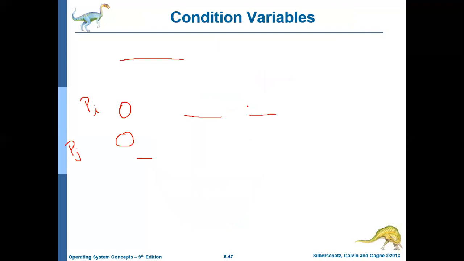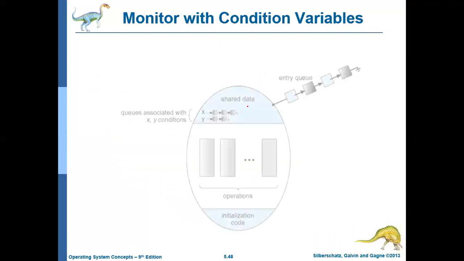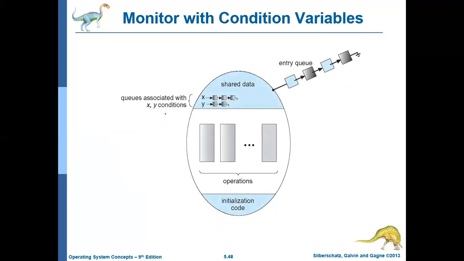Okay. For that, another queue is maintained, and that queue is on the condition variables. So let us assume PI is using the shared variable X, and PI is executing, and in between it wants to wait for some time.